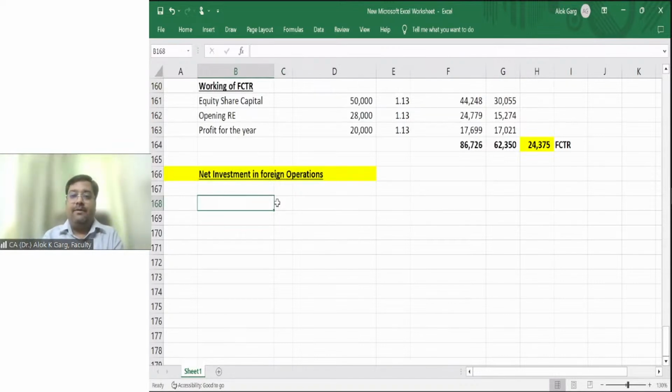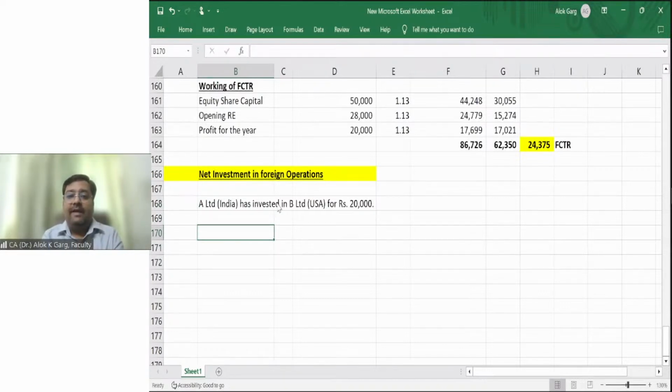And what is that concept? The concept is, for example, A Limited, an Indian entity, has invested in B Limited, USA, for rupees 20,000, right?